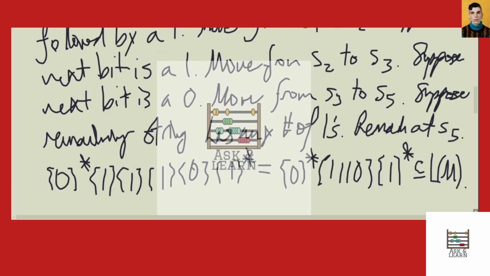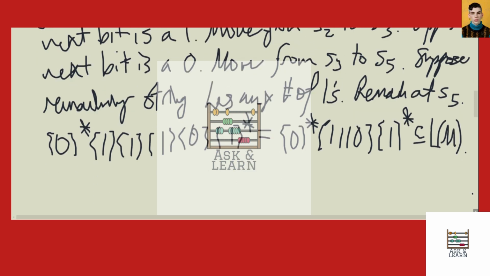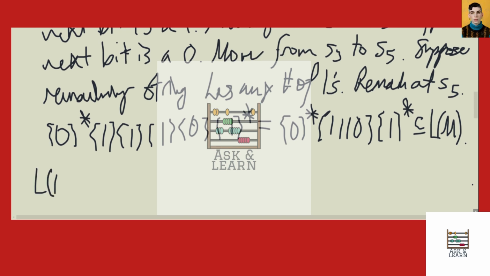So now we've covered all the cases, and so it follows that the language generated by the automaton is the union of all these sets.